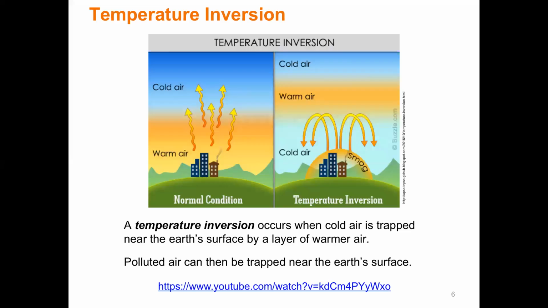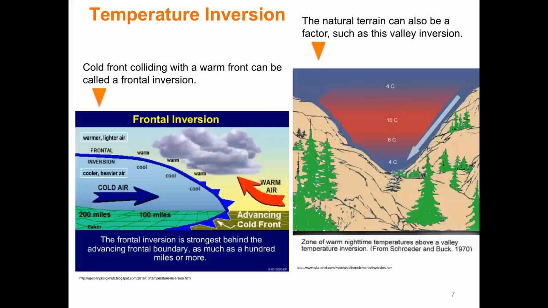Now, there are several different ways that this happens. The two main ways, of course, are weather, where you have an area of cold air forcing up warmer air at an advancing front, and that will put the warmer, lighter air above.